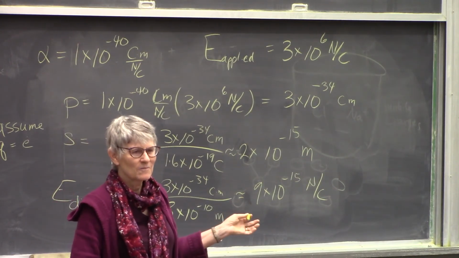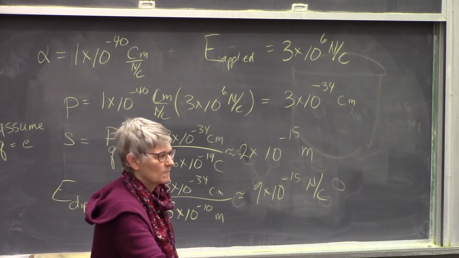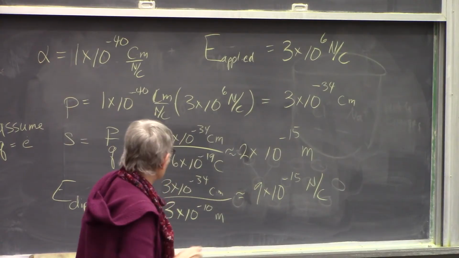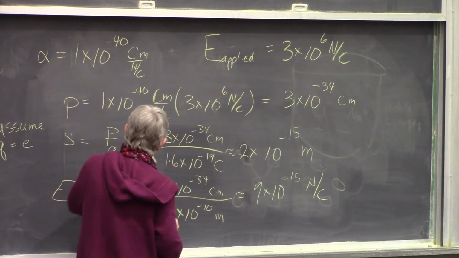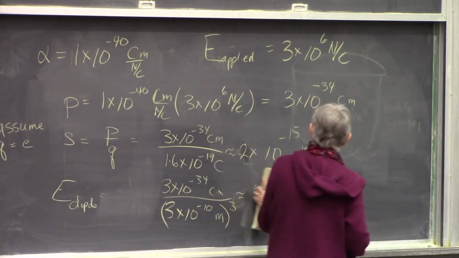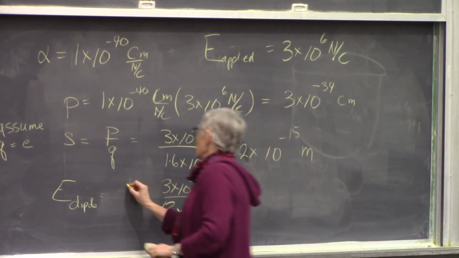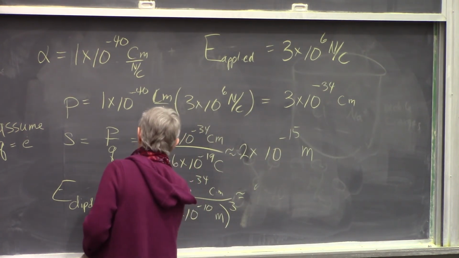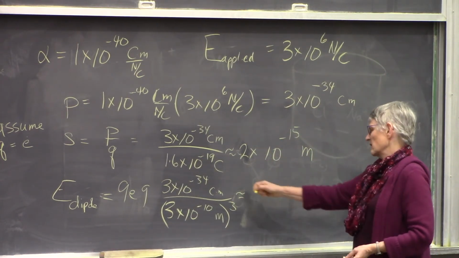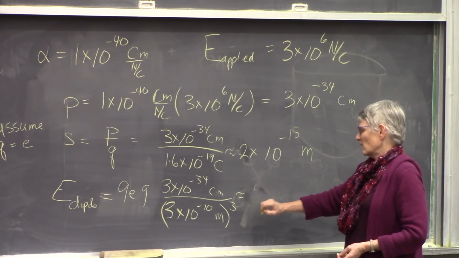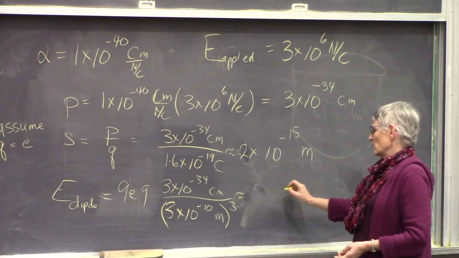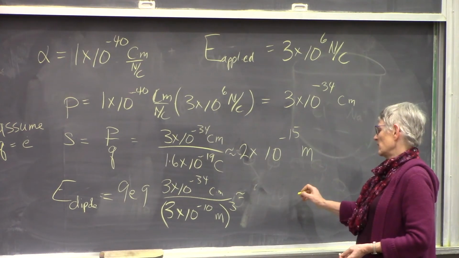Did I do that right? I don't know. This is 9 times 10 to the 9th. Oh, cubed. That's the problem. There we go. Okay, so we have 9 times 10 to the 9th, 3 times 10 to the minus 34, divided by the cube, which is 27 times 10 to the minus 30th.